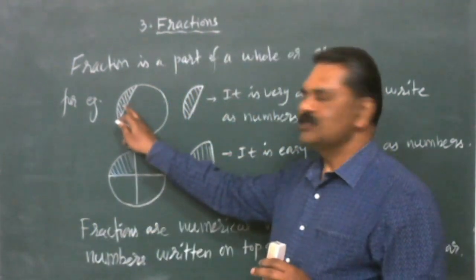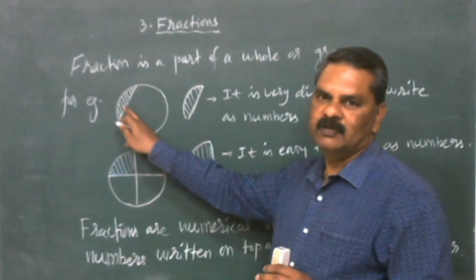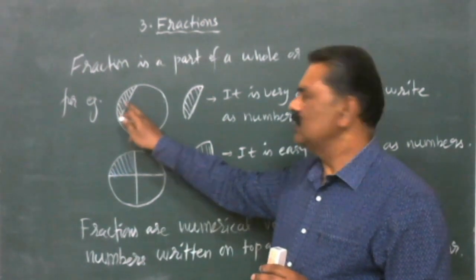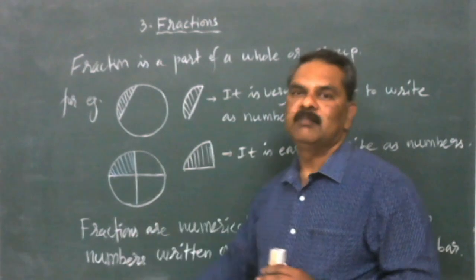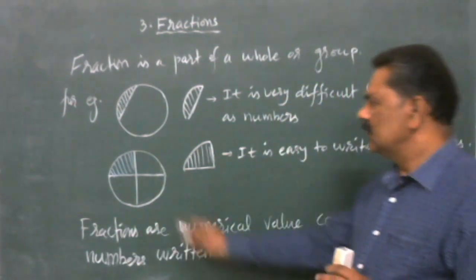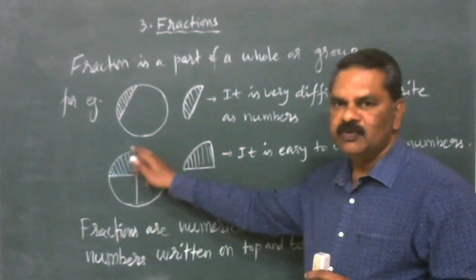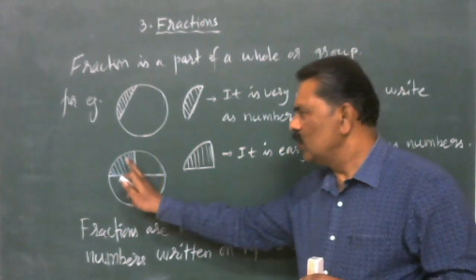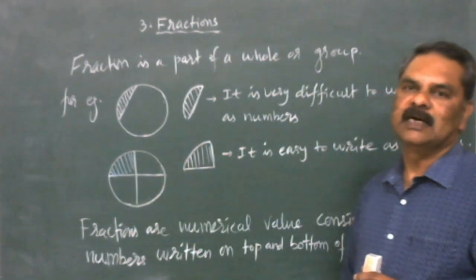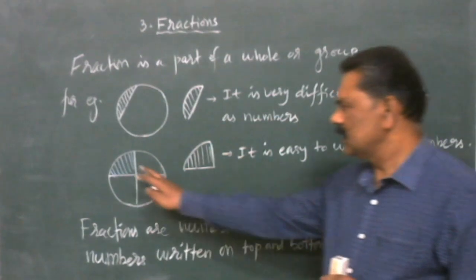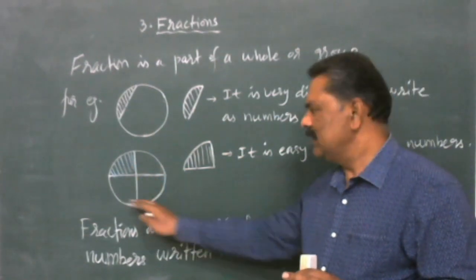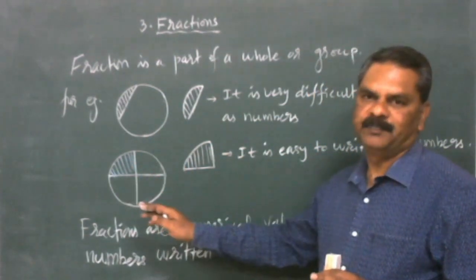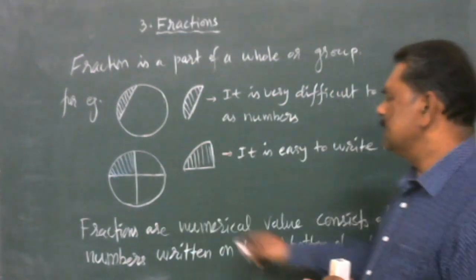We cannot compare the earlier piece with the whole, but here we can. The whole is divided into 4 parts. Out of that, one part is colored or shaded. Correct? So 1 part is shaded, and the remaining 3 parts are not. So we can easily write this as a number.